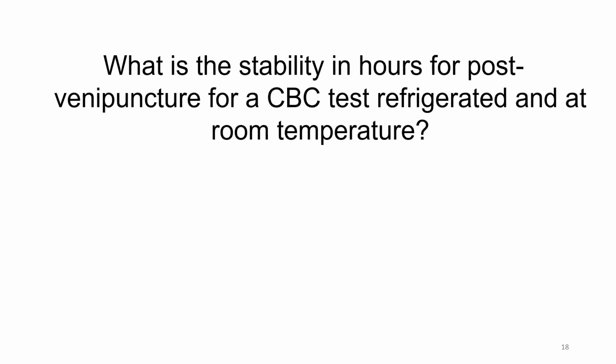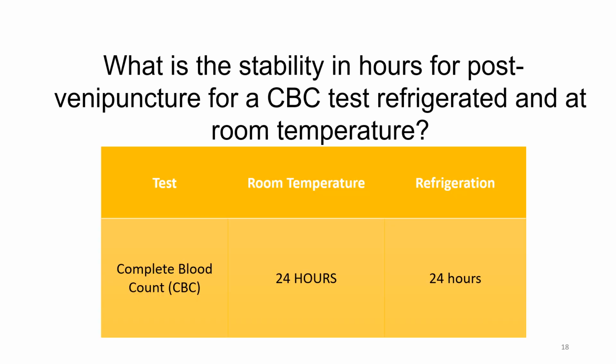Now let me give you another example of blood test stability from the point of view of a complete blood count, or CBC. Why? Because sometimes we take the blood at 7 o'clock in the morning, but the lab goes to the clinics, to the medical offices, to take the blood sample either 1 day or 2 days after, or 1 hour or 6 or 8 hours after.